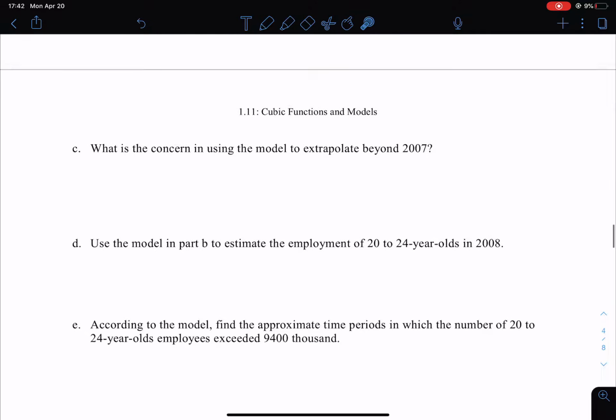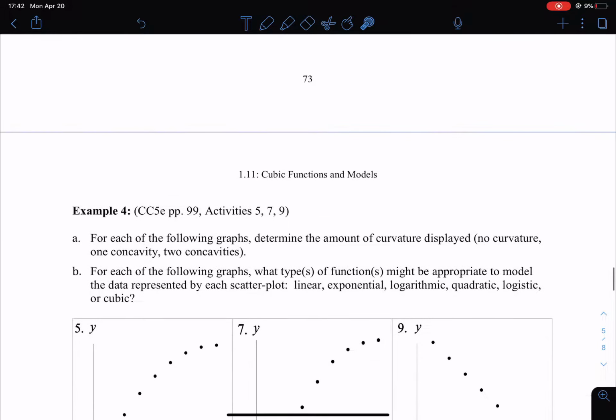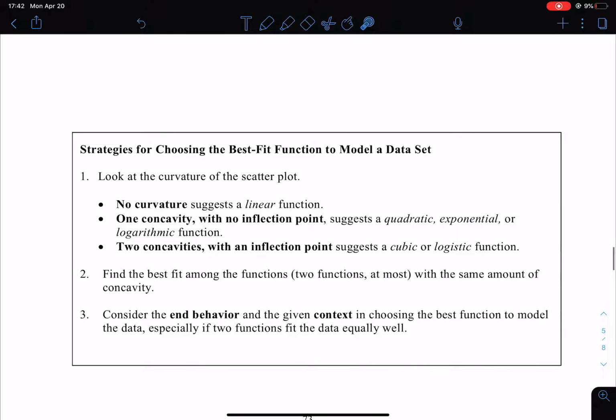Then example 4. So this is the strategies for, let me see.